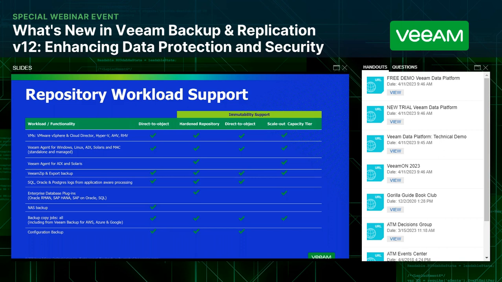The third column, so the second from the right there, that one is actually to say, yes, you can write directly to object storage and use immutability. The one thing I would like to call out about this slide is if you take a look at the Linux hardened repository, you'll see that it's got a good amount of support across the board. So it really is designed to help customers of any size achieve that immutability, and hopefully a budget that fits the price range.